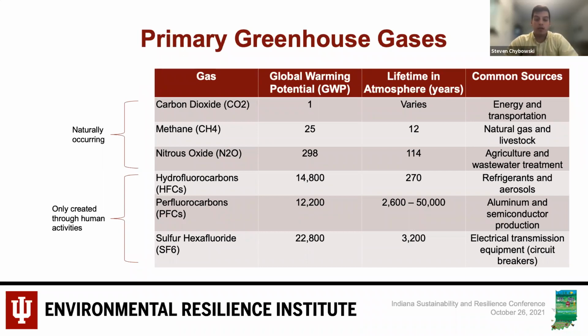One unit of carbon dioxide would be equal to, or let's start with methane. One unit of methane would be 25 times as potent as carbon dioxide. Similarly, N2O is about 300 times as potent as one unit of carbon dioxide. When you start looking at these HFCs and PFCs, they're 12,000 to 23,000 times as potent as one unit of carbon dioxide.